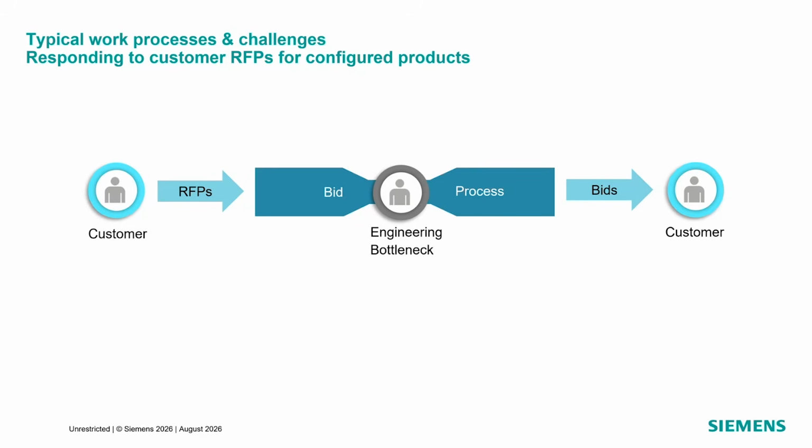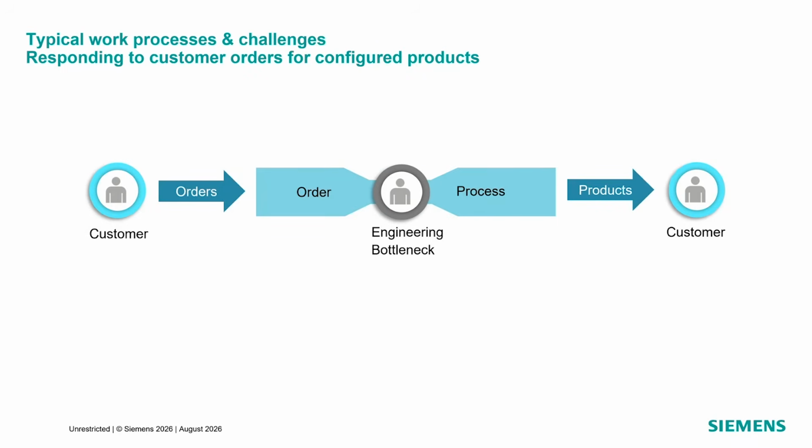And the longer proposal lead times become, we will end up with greater exposure to cost estimation errors, margin erosion, and a lower chance of winning that bid if it's a time-sensitive opportunity. And this same bottleneck also continues throughout the order process.